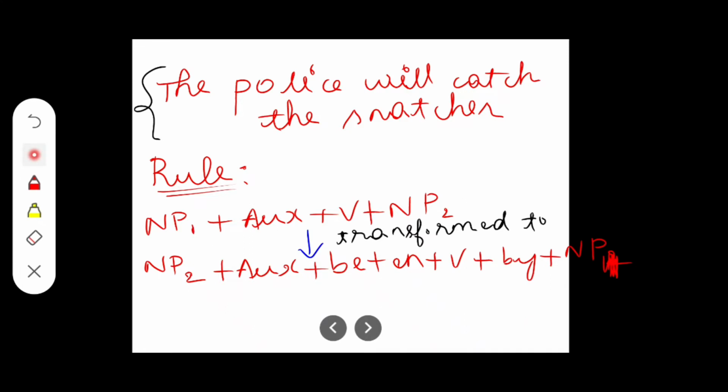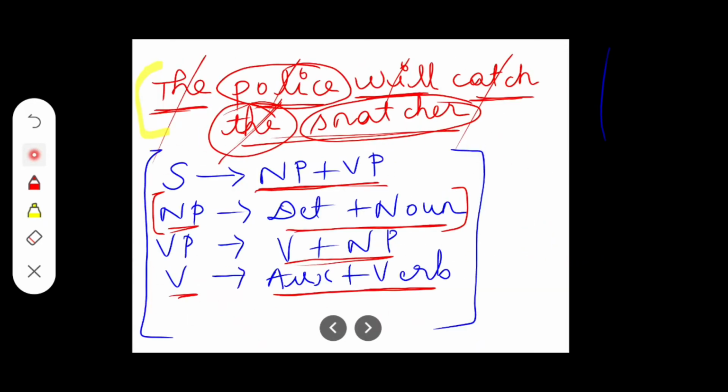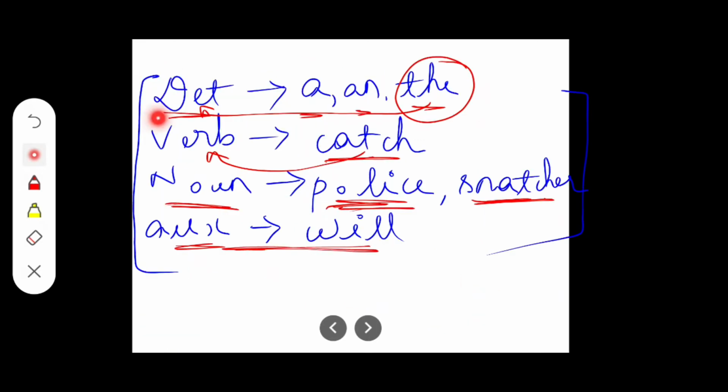So let's construct the tree. Before going to construct the tree, again we have to derive rules for this example. The rules are the same rules, that is S gives rise to NP plus VP, NP gives rise to determiner and noun, verb phrase is verb plus noun phrase, verb is nothing but auxiliary verb and verb, determiners are A and the.